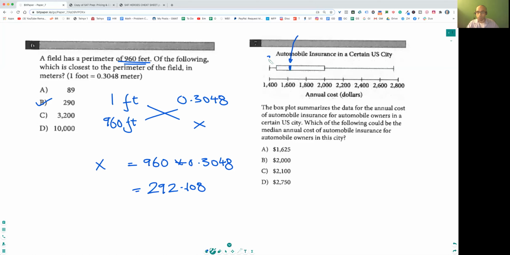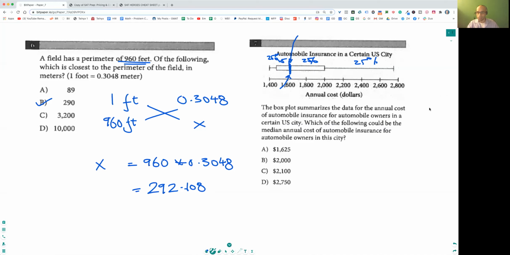It means 25% of the people are here, 25% are here, 25% are here, and 25% are here. That's what the box plot means. And this guy here in the middle of this bar is actually the median. So that's all you need to know for this session, otherwise it'll become a very long session.